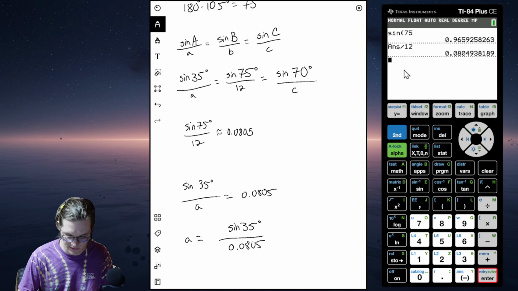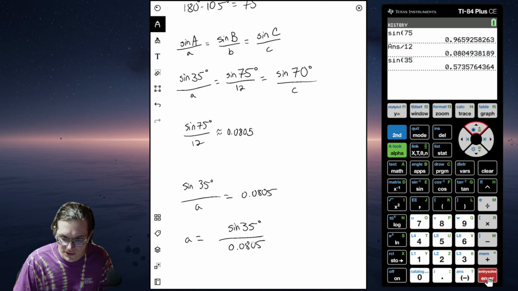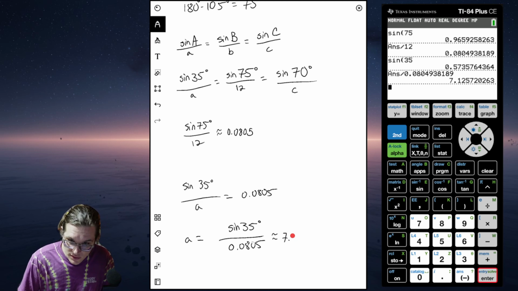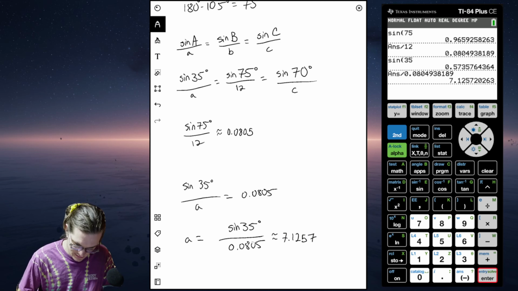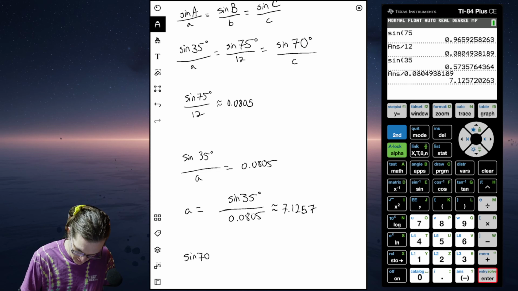I think I covered that in the last video, why that's allowed. So I would take sine of 35 degrees, divide it by the value we got there. And so we'll have approximately 7.1257 is A.